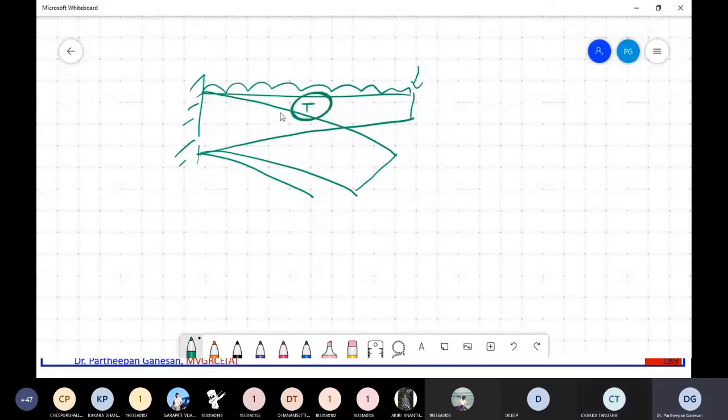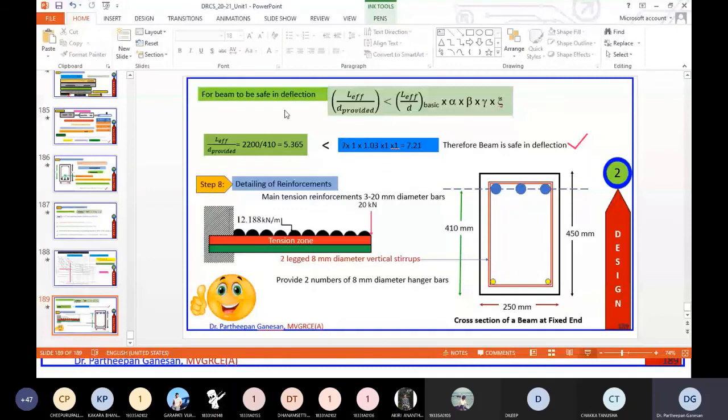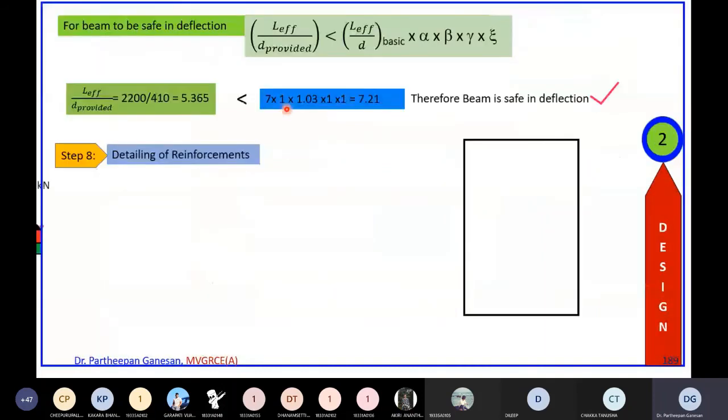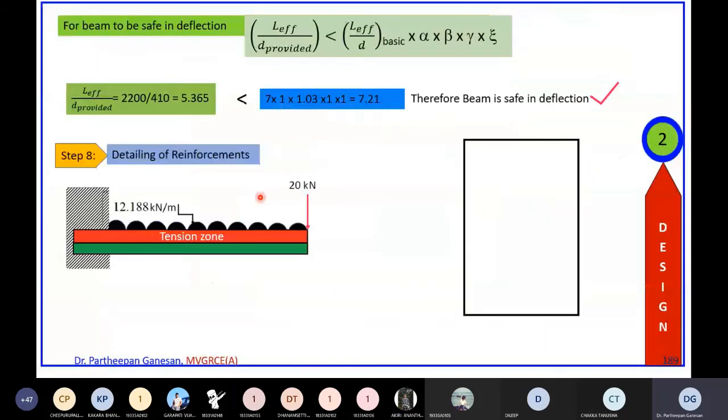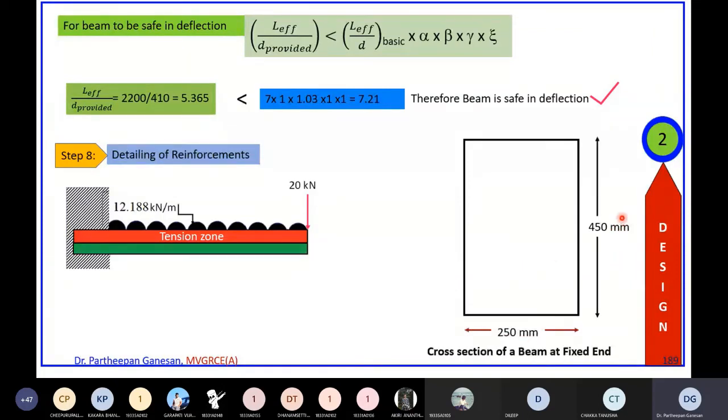So while providing the main reinforcement, the top is the tension zone and the bottom is the compression zone. So your reinforcement should be towards the extreme tension fiber with the effective cover. This is 250 mm, the cross section at the fixed end. 450 mm is the overall depth.